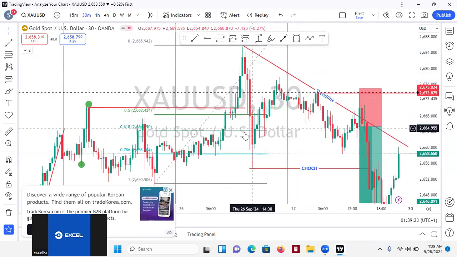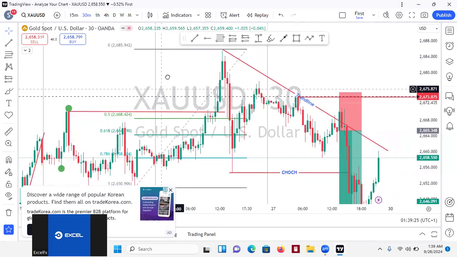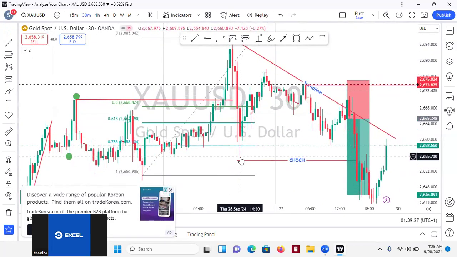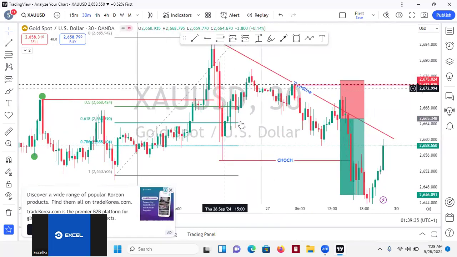Such that when the market retraces down to any of your levels here, the 50% or the 61.8 or the 78.6, that tells you that the market is tired of selling and wants to buy, if it gives you any kind of candlestick confirmation.